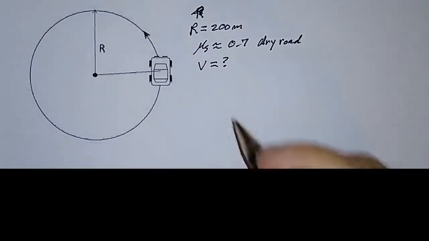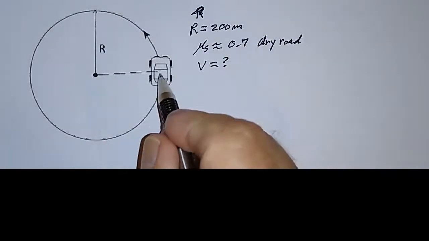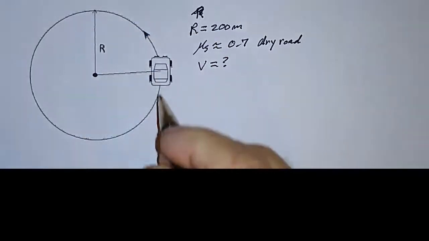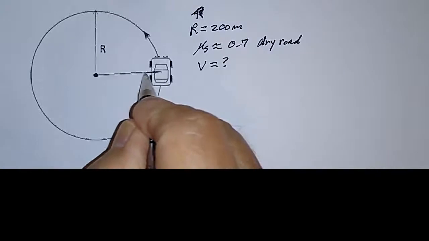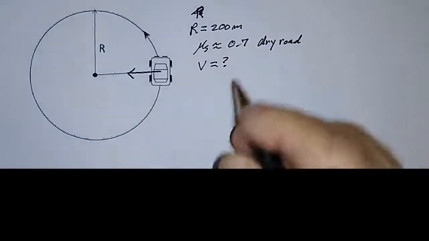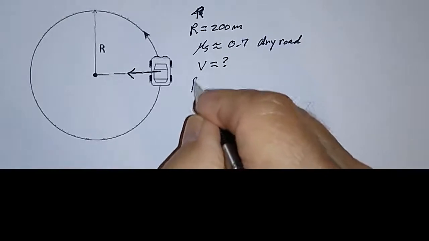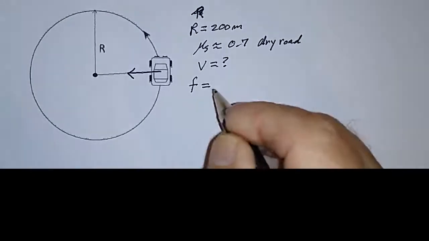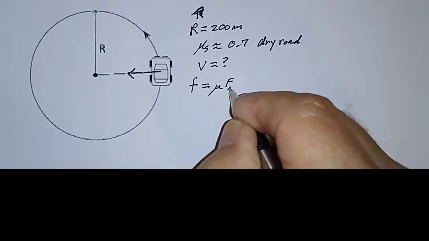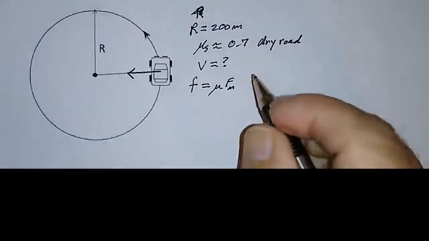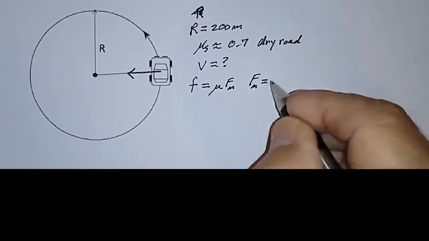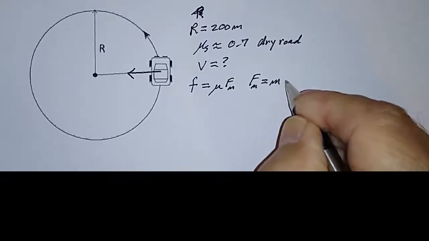The way to look at this is to look at the forces that cause the car to actually go in the curve, and that force will be pointed toward the center of the circle, and that force is the frictional force, F, which is just equal to mu times the normal force. The normal force, F sub n, is just equal to the weight of the car.